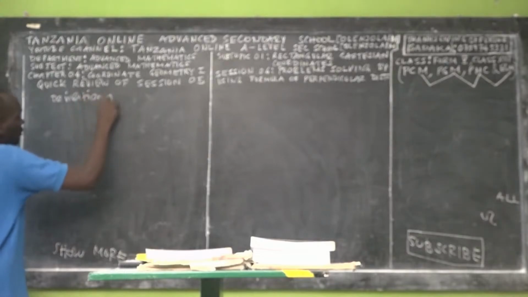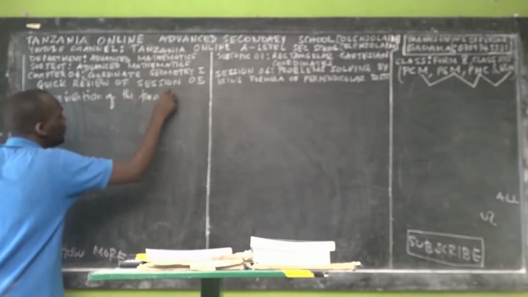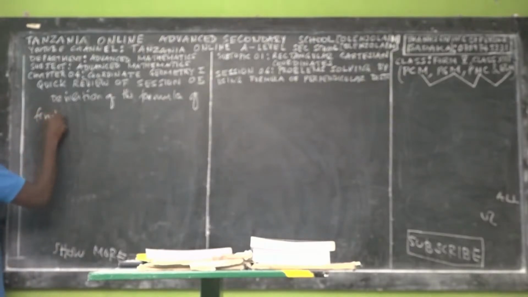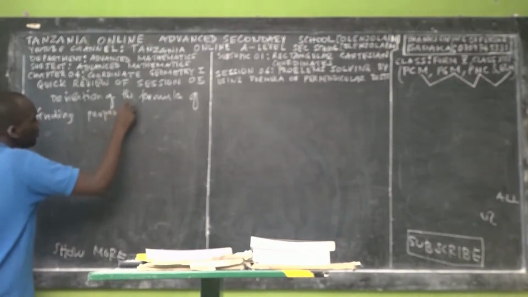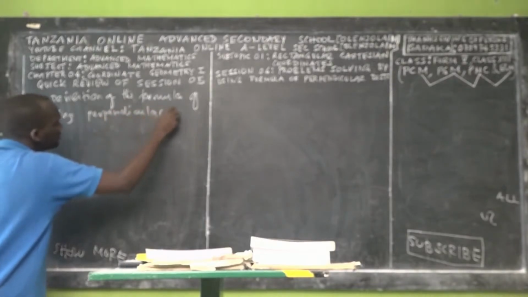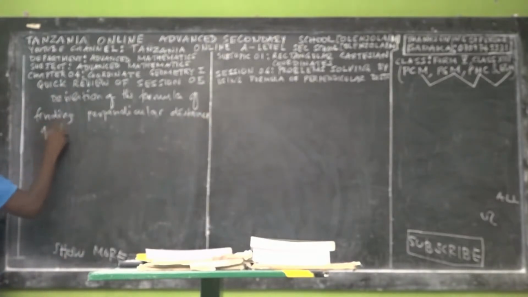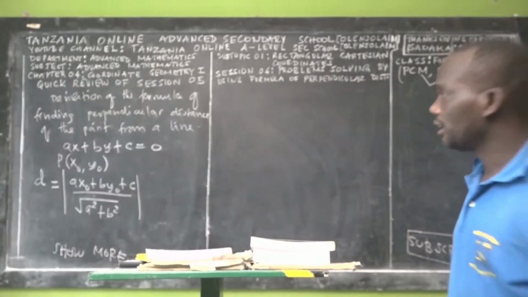Derivation of the formula for finding the perpendicular distance of a point from a line.